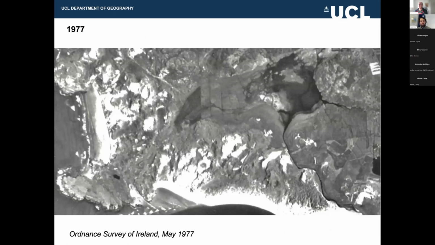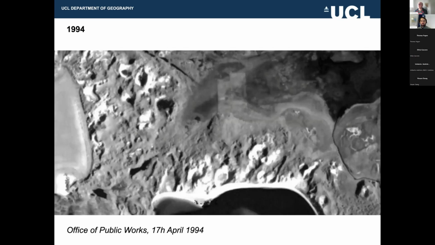However, this map is relatively low in resolution and it is hard to identify the exact boundary of each feature, but I can still see vegetation starting to succeed on top of the bare sands. Then there is the 1994 map, again low in resolution, but I can still see more vegetation cover across the site.